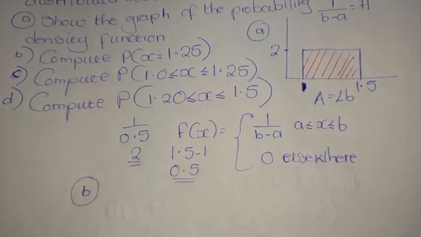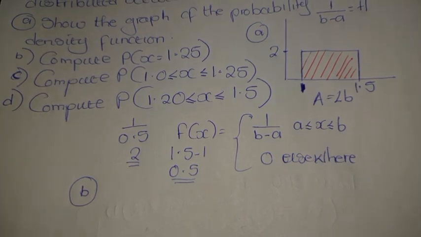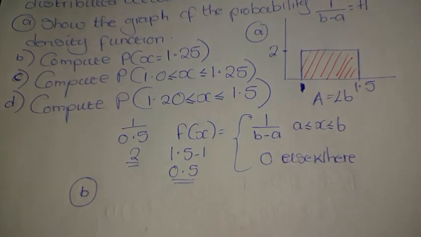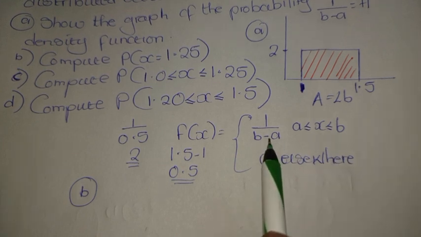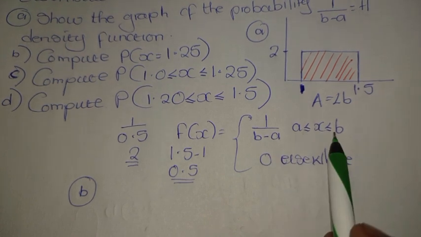Our B is the simplest of all time. So what do I mean? Remember, they want you to compute the probability of x being equal to 1.25. I told you already that when we are dealing with continuous probability, specifically the probability density function, it is defined by how many points? 2 points.